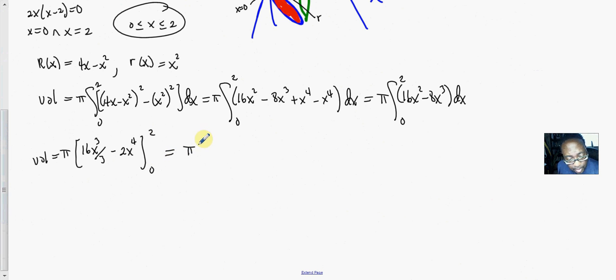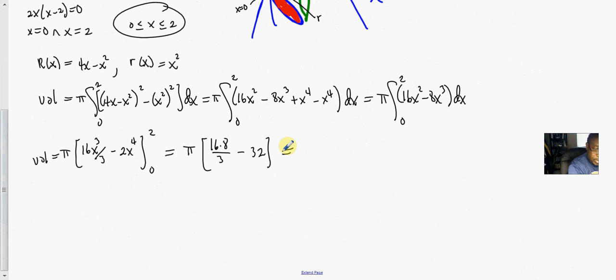So we have pi times 16 times 8 over 3 minus 2 to the fourth is 16 times 2, so that's minus 32. The brain tries to play tricks on us sometimes.